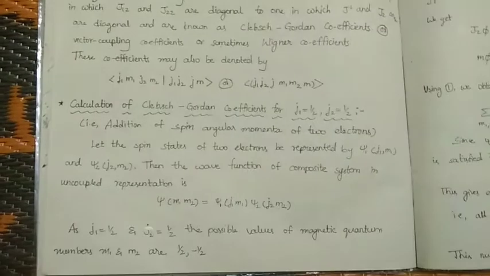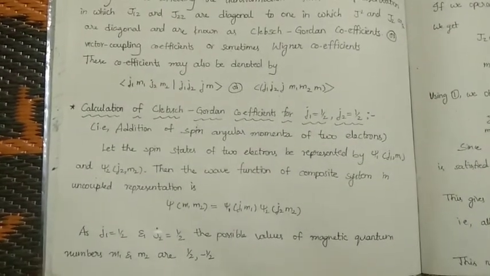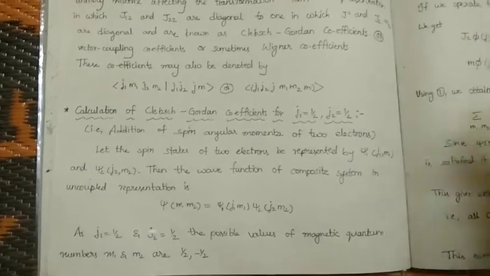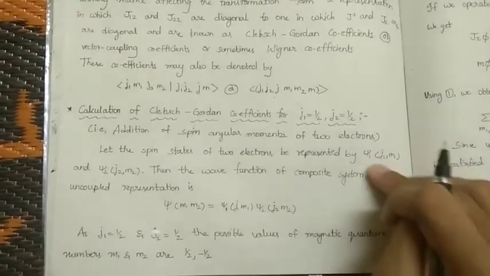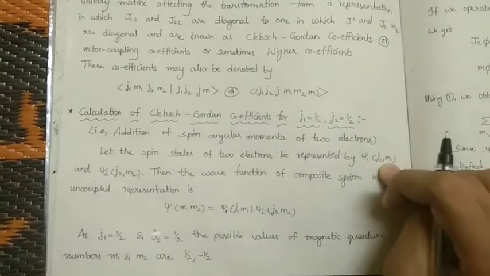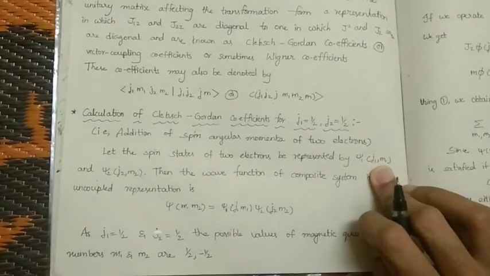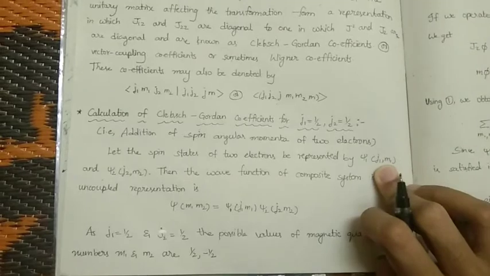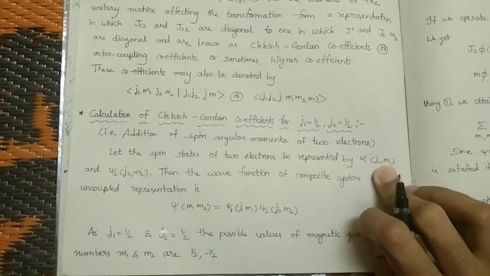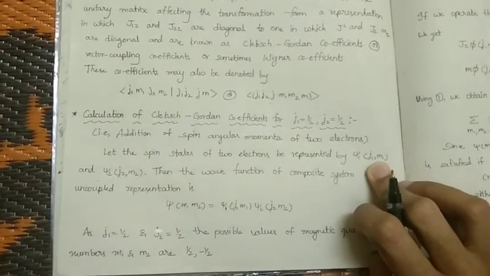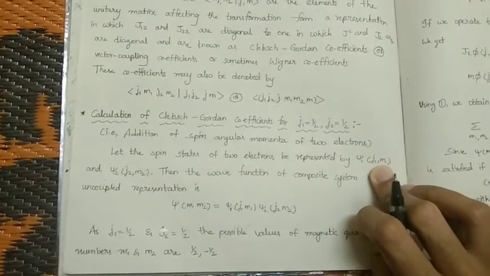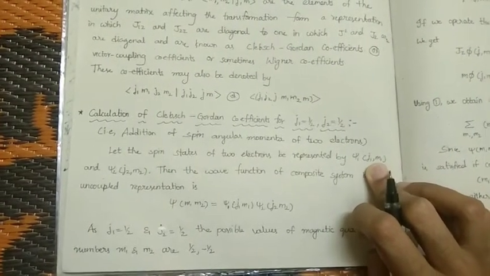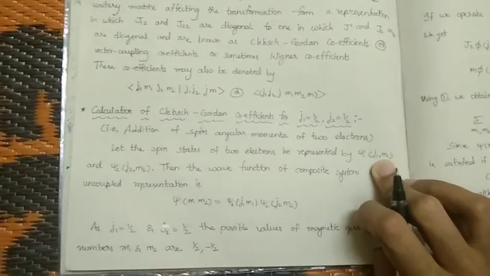L is orbital angular momentum, S is spin angular momentum, and J is the total, both orbital and spin added together, and M is the magnetic quantum number. Just like we have N, L, M and S quantum numbers, that is principal, azimuthal, magnetic and spin quantum numbers.